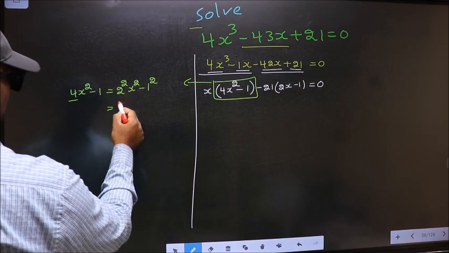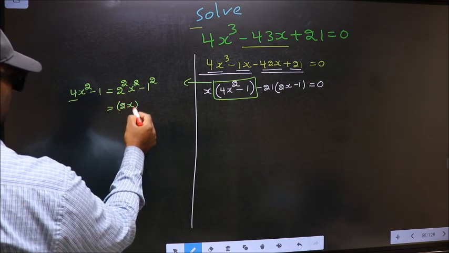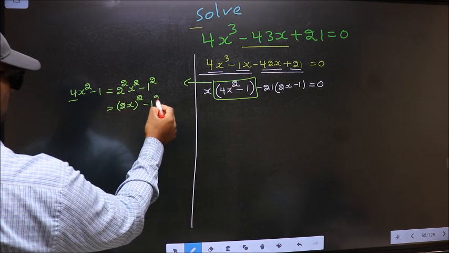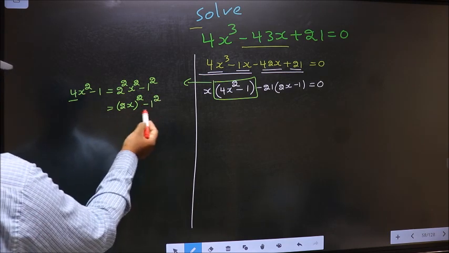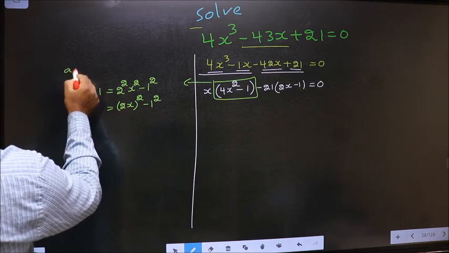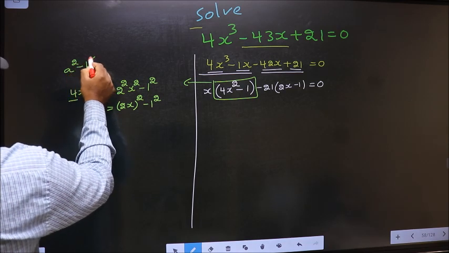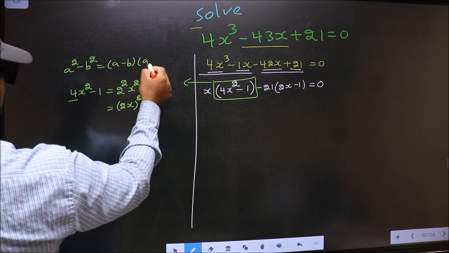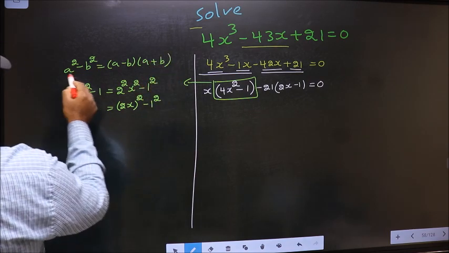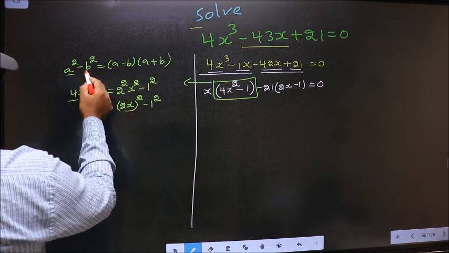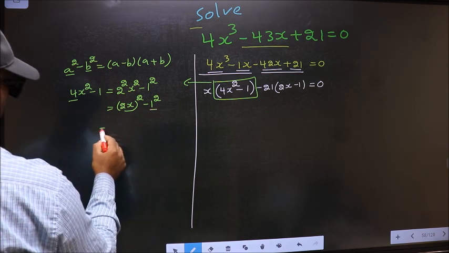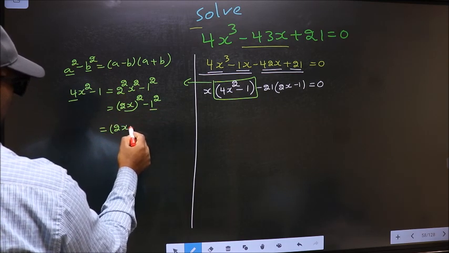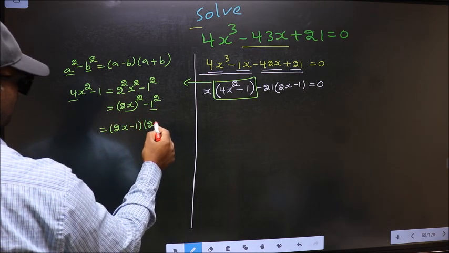Now 2 square x square is 2x whole square minus 1 square. Now on this we should apply the formula a square minus b square, that is a minus b times a plus b. In place of a, 2x, in place of b, 1, so we get 2x minus 1 times 2x plus 1.